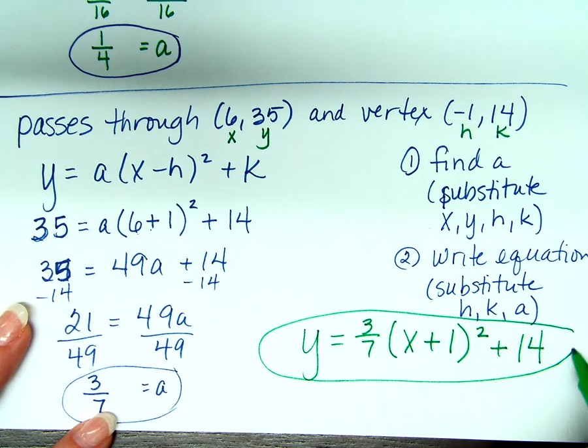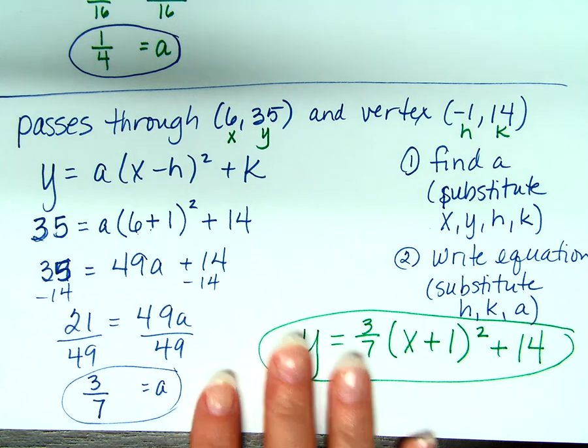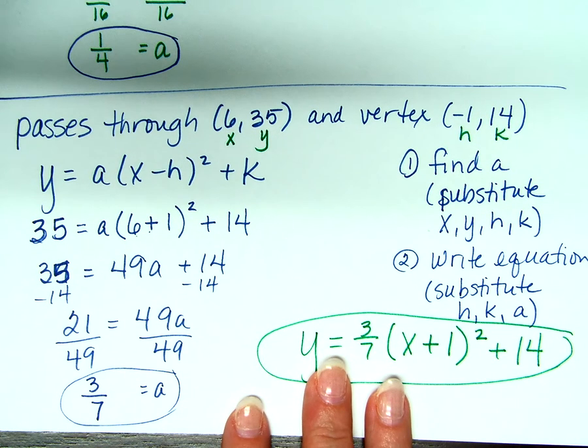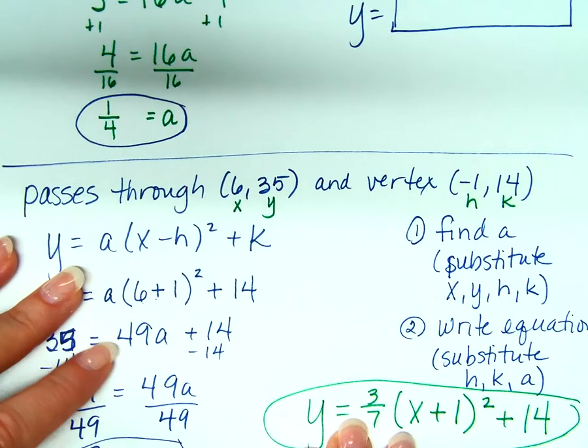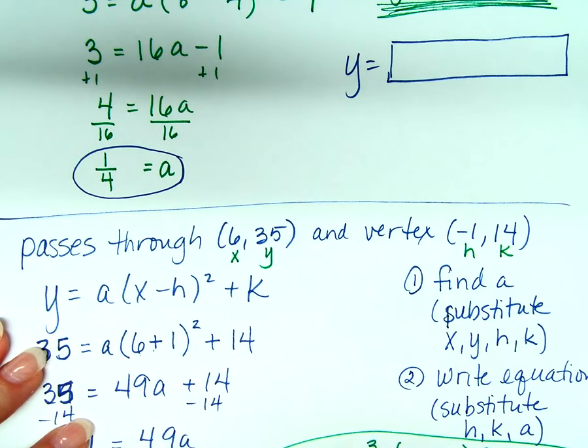That is my equation. Does that make sense? Pretty straightforward, right? It looks confusing in the beginning, but once you get all the numbers in, that's a pretty easy thing to do, isn't it? Okay.